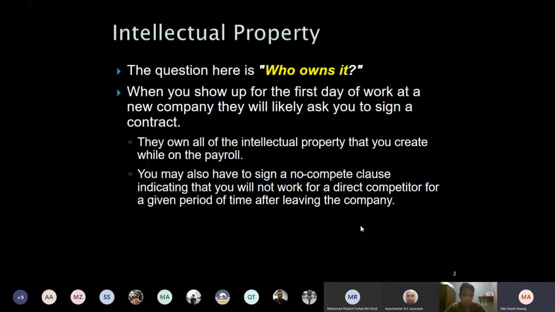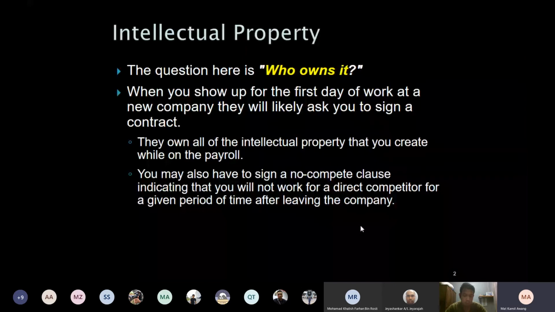For example, when I worked with Motorola, I had to sign for the first part, that they own the intellectual property that I have created, that I will create for Motorola. And I had to list out whether I have any prior patent or whatnot.